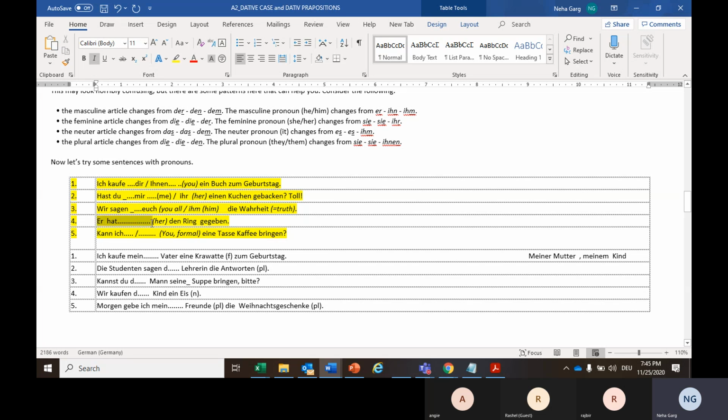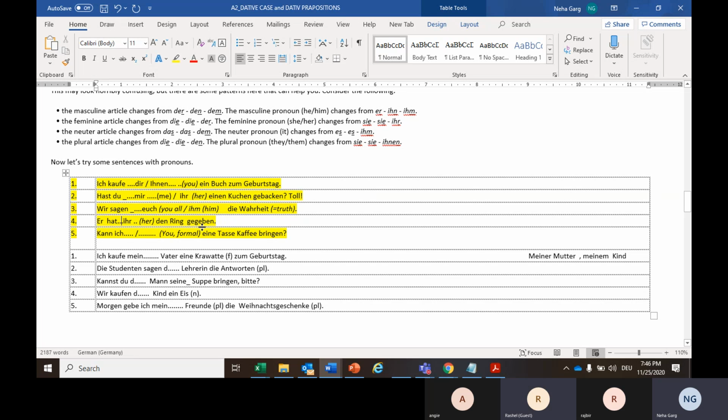Then number 4. Again, Rajveer, your turn. Er hat ihr den Ring gegeben. He has given her the ring.